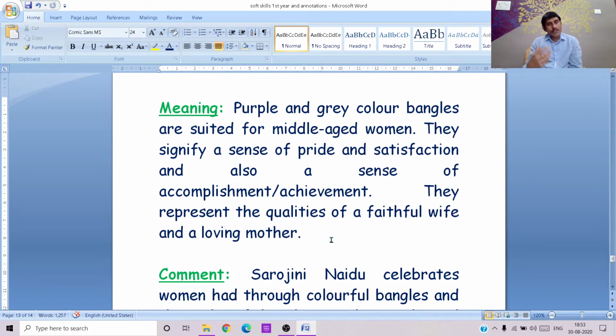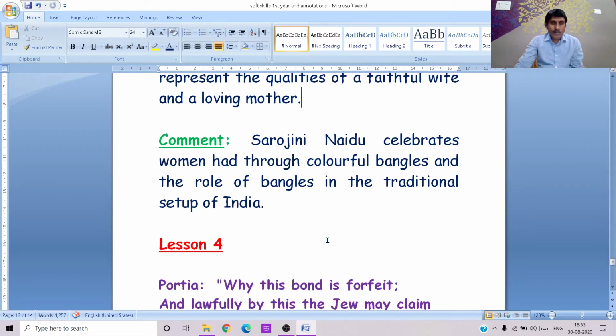She always stood by her husband in the roller coaster journey of their life. So she was faithful to her husband in the thick and thin, ups and downs of life, and she was also a loving mother to her children. So these are the colors. This is the meaning.